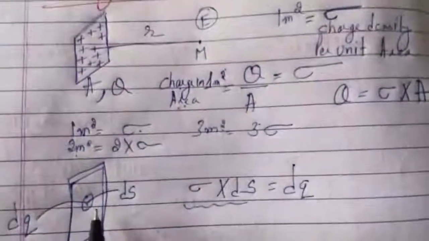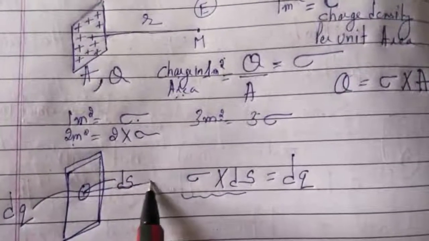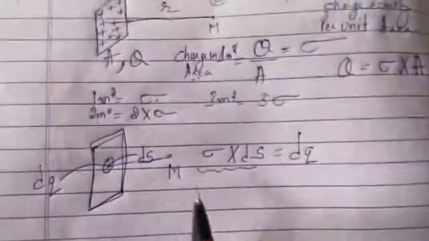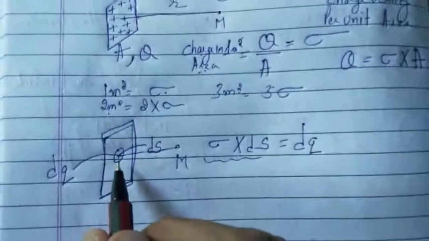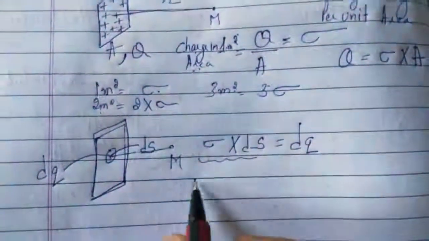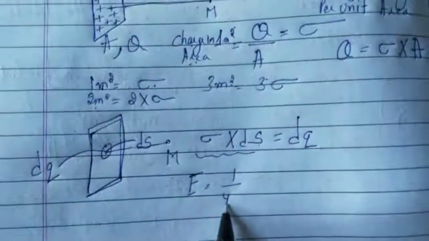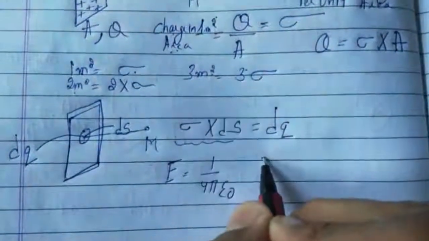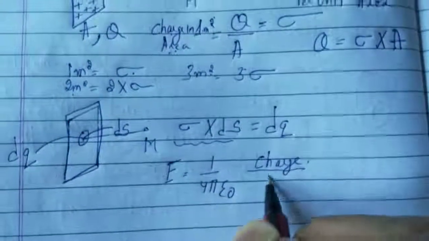And you know the electric field due to this surface at point M. What is the formula of electric field? This small surface is acting as a point charge, right? So we have the formula of a point charge. Electric field due to a point charge is equal to 1 upon 4 pi epsilon naught, charge upon distance square.